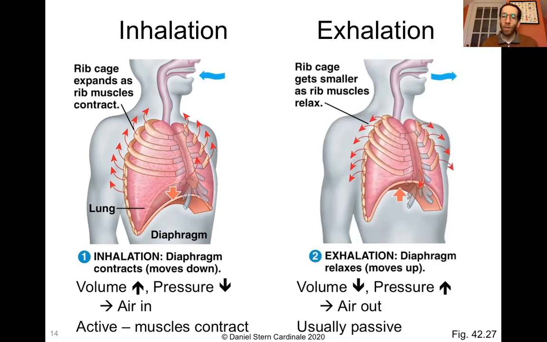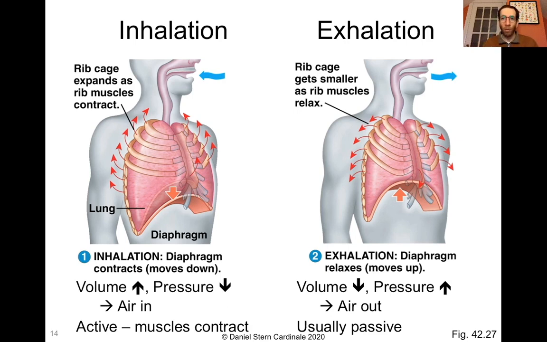Exhalation works the opposite way. And the thing about exhalation is that this is the passive part of the process. This involves muscle relaxation. So we relax those muscles associated with the rib cage. We bring that surface down. We relax the diaphragm so it can expand, meaning it moves upwards. So those two things combined, the ribs and the diaphragm, they shrink the volume of the lungs.